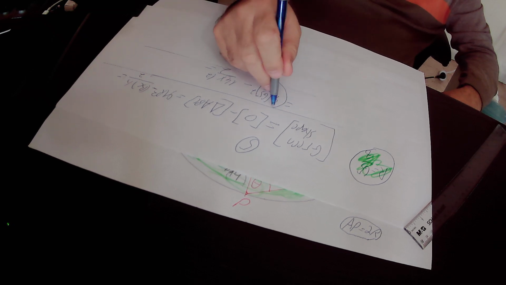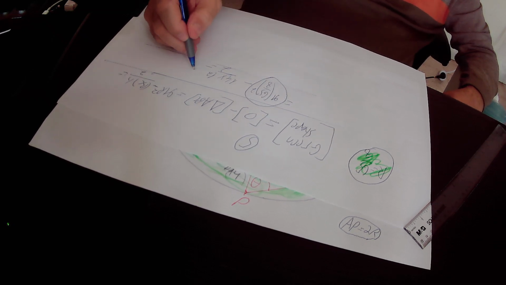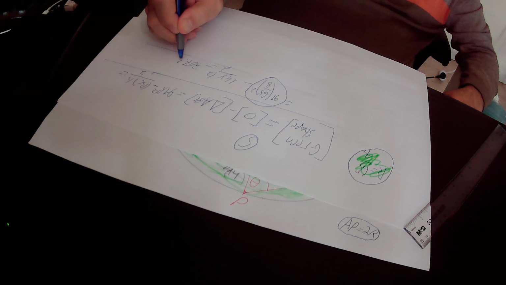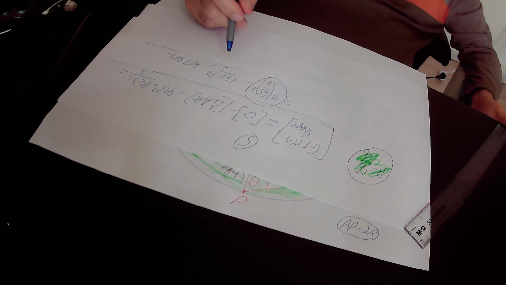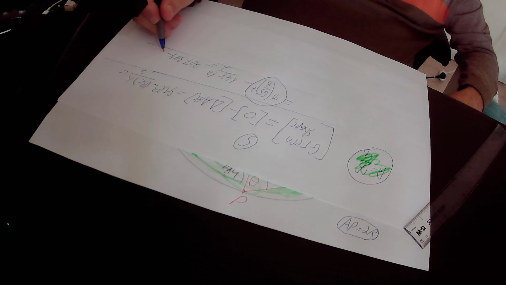So this expression in total is equal to 207.394 square units minus the area of triangle ABC. The area of triangle ABC equals 14 over 2 is 7, and 7 times 12 is 84. So it is 84 square units.